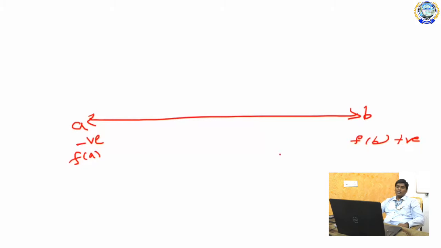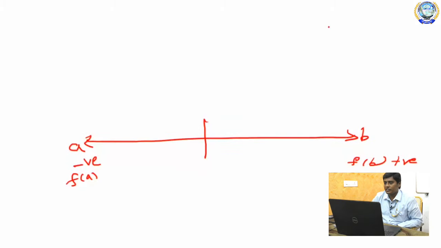By the fundamental theorem of roots, at least one root will exist between these two values a and b. So by taking the average of these two values, a plus b by 2, I get x1 equals a plus b by 2.